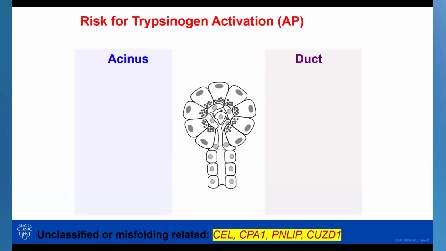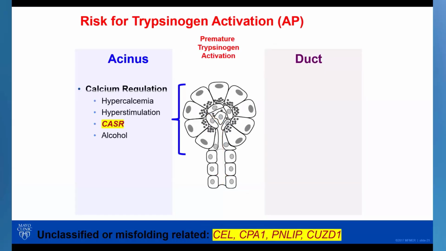And this is basically what this would look like at a macro level. Typically the pancreas is stimulated, and that would release pancreatic enzymes, including trypsin. Trypsinogen will be activated in the duodenum, and here we go with basically the function. But if you have an acinar cell error, then you're likely going to have premature trypsinogen activation, and that could be related to a calcium regulation problem, which are the causes that I went over earlier.